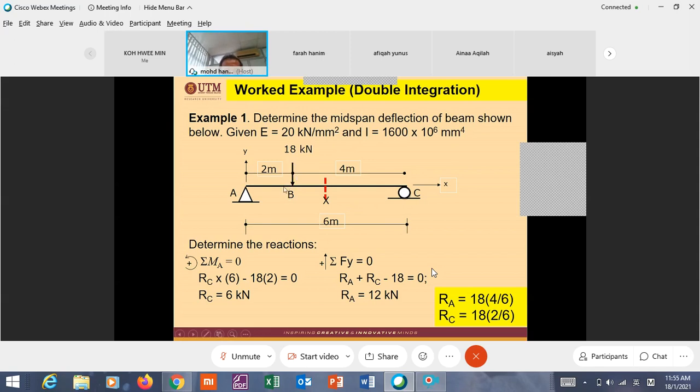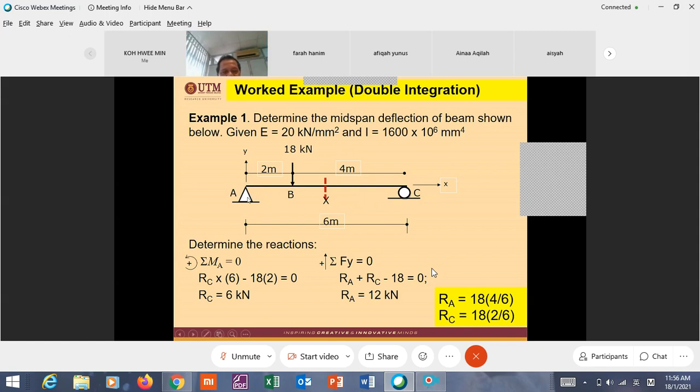18 kilonewton, 2 meters from A. A and C simply supported. In this case, A is pin, C is roller. But even if C is pin, the calculation is similar.